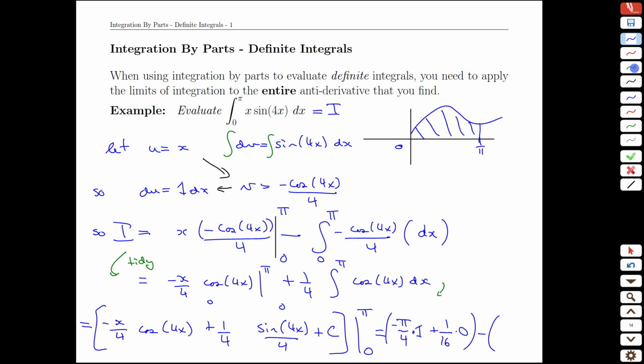So here we're evaluating at pi, and then we're going to sub in the 0, which turns out to be even easier because we have 0 here, and sine of 0 is 0. That all goes away, and so our final answer is simply negative pi over 4. Let's reinforce that approach with another example.